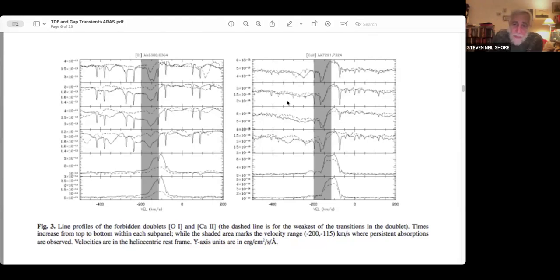Now, in both of these cases, I should emphasize something. This isn't just any forbidden line. This is from the ground state. So if you see this thing in absorption, you have a direct measure of how much material there is along your line of sight, which you're not going to have from an excited state. For that, you need the temperature. Here you don't.